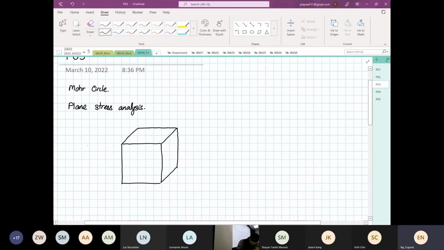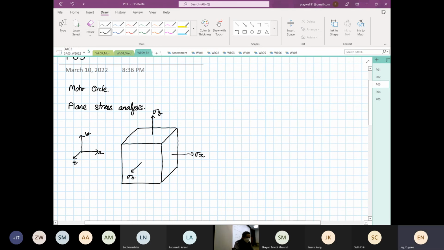Then I'm going to draw our transformation axes x, y, z. So over here we know that we have our stress x. We know that this is our stress y, and we're also aware that this is our stress z, right?